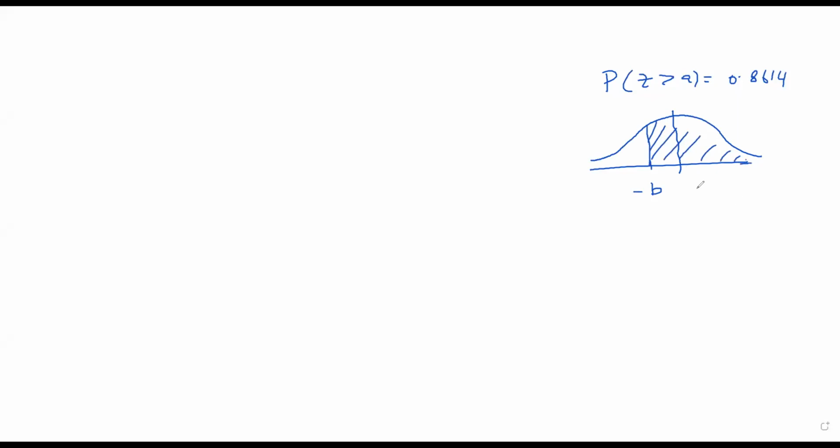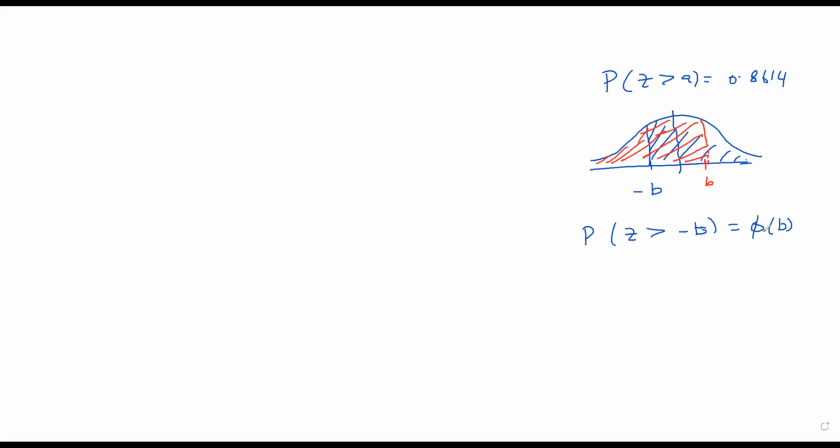So you write this as probability Z is greater than minus B, which is the same as phi of B. If you have minus B over here and B over here, the area after minus B is the same as the area before B, using the concept of symmetry.